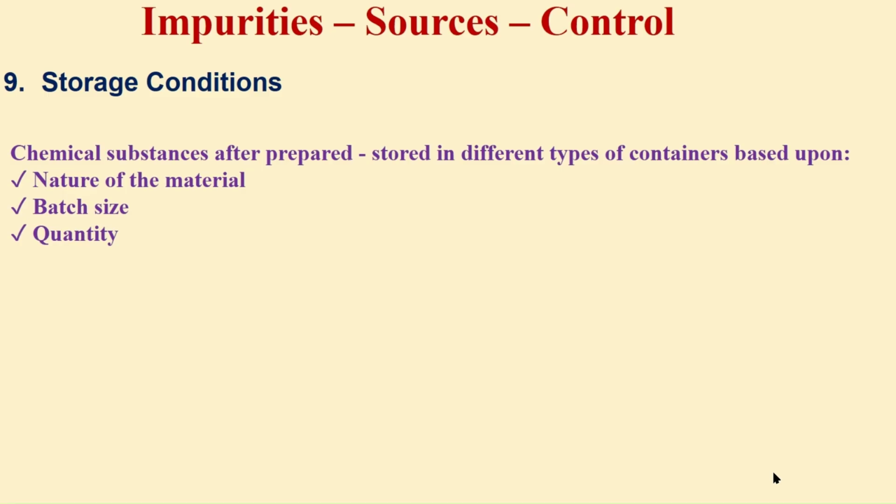The nature of the material includes whether these compounds or the products which are prepared are acidic or basic or neutral, or the size of the batch of preparation. If it is prepared in more bulk quantity, it requires a different storage condition and the quantity of the product which we are preparing.